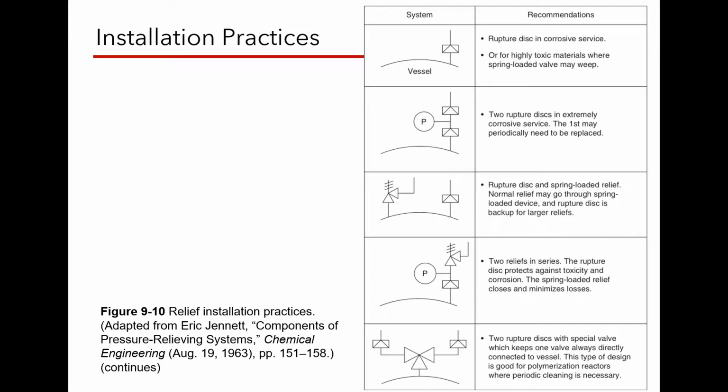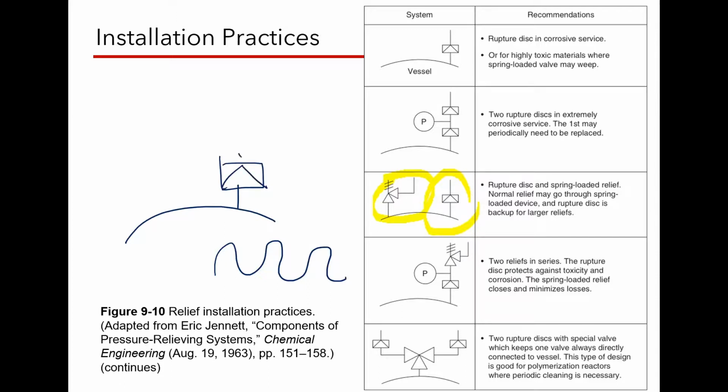So the third one is when do we want to use one spring-loaded and one rupture disc. This is where you use it for chemicals where the process is not too stable. Let me draw. When we have a process that often goes up and down, meaning your pressure goes up and down not very regularly, you do not want it to spoil your rupture disc.